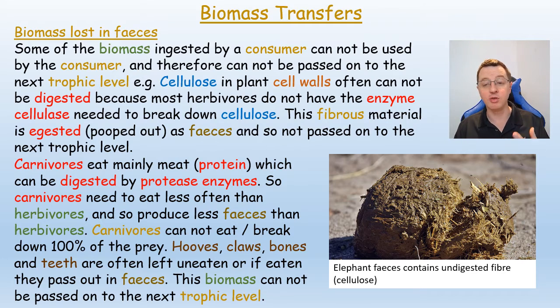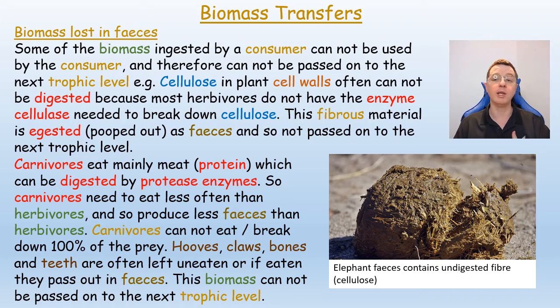So even though the consumer, for example a cow or a horse or even ourselves, has eaten it, has ingested that cellulose, that fibre, it cannot be broken down by our enzymes, so it can't be absorbed by our bodies, it can't be used for growth, and it can't be passed on to the next level of the food chain, the next trophic level.